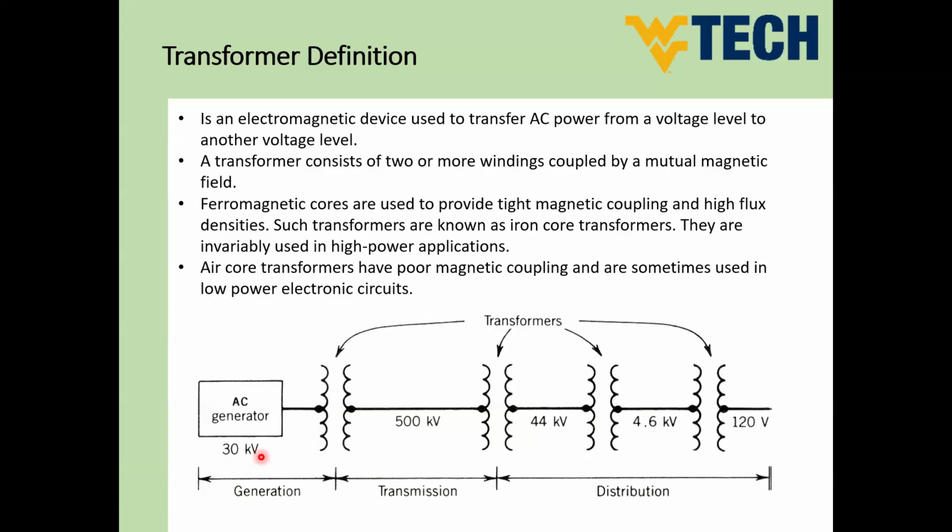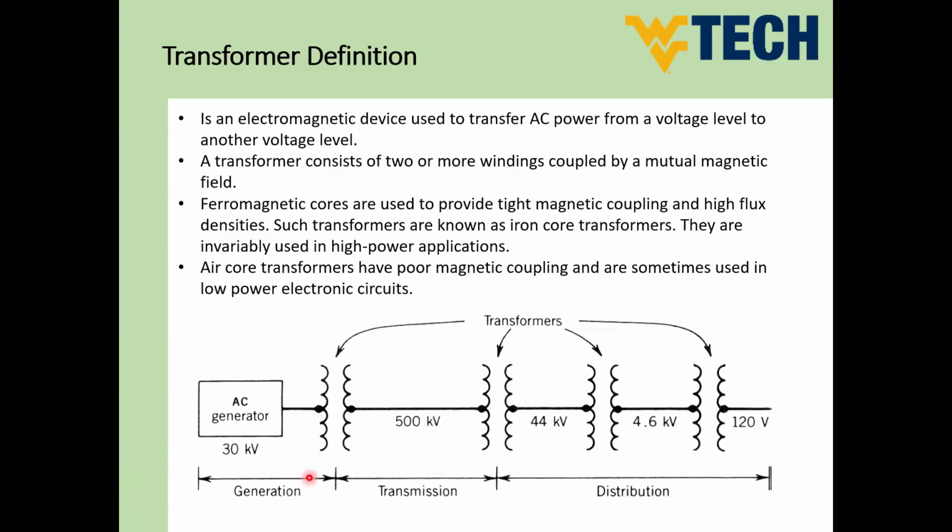It could be Y, it could be delta. So all of the time this represents the line-to-line value and its RMS value. So 30 kilovolt line-to-line to 500 kilovolt line-to-line. So this is the first step here. We step up the volt to 500 kilovolt.